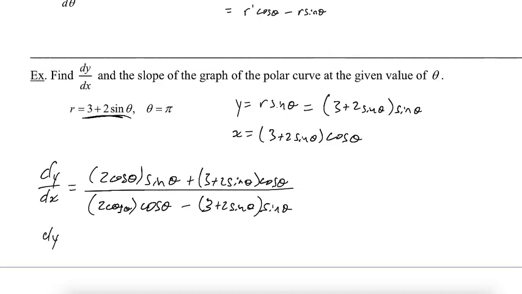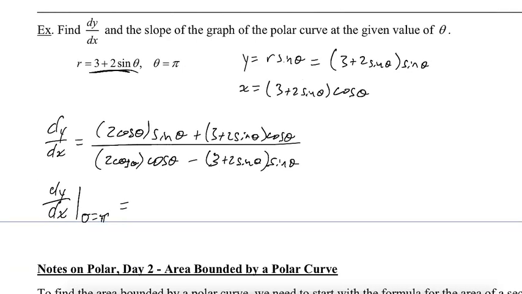Now if I want to evaluate dy/dx when theta equals pi, then I have 2 cosine of pi, which is negative 1, so this is negative 2. Sine of pi is 0, so times 0, plus, and then I have 3 plus 2 times 0, so just 3.